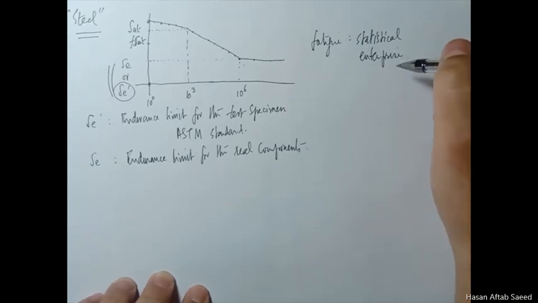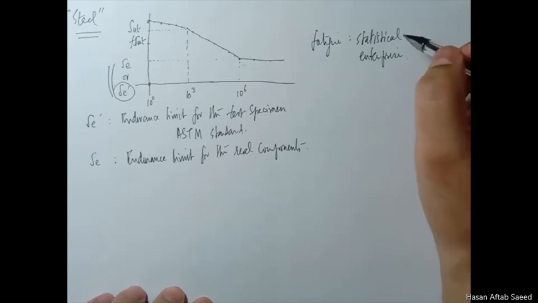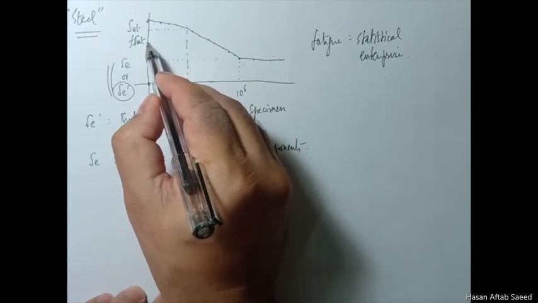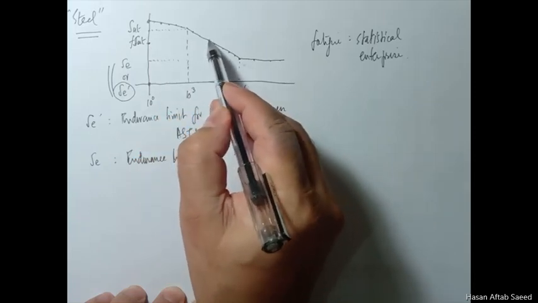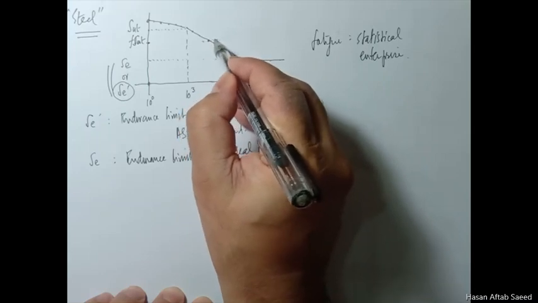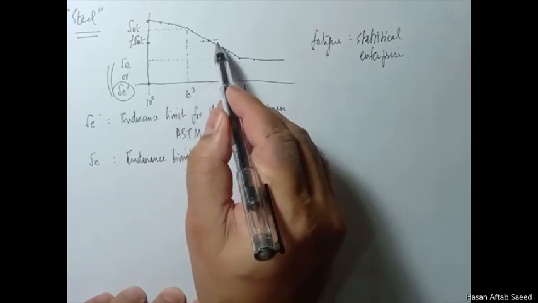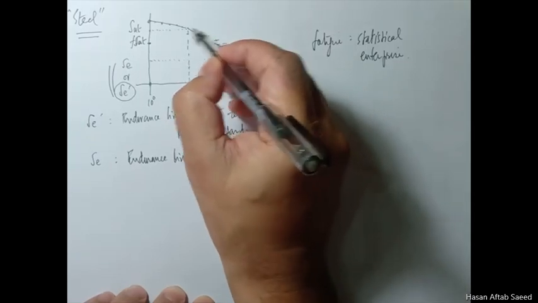Every material has different kinds of flaws, different number of flaws, different orientation of flaws, and there's variation everywhere. So if you apply the same material to this amplitude of reverse loading, it won't just break here. If you take 100 samples, maybe you'll get this kind of a result. Some will break here, each one will last for a different number of cycles, and then it will break. The same story goes for every stress level.